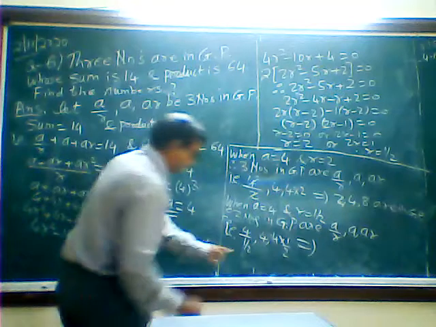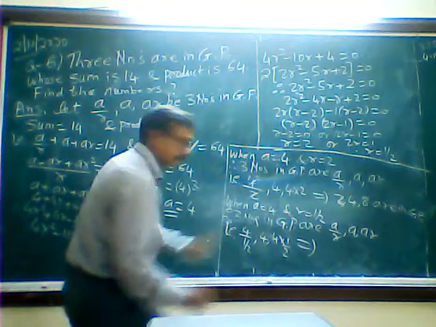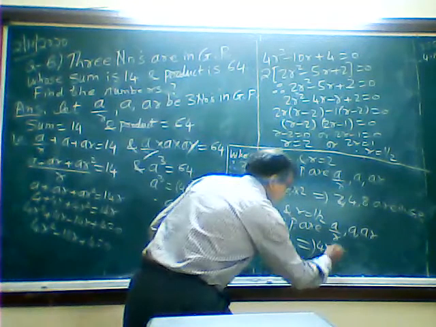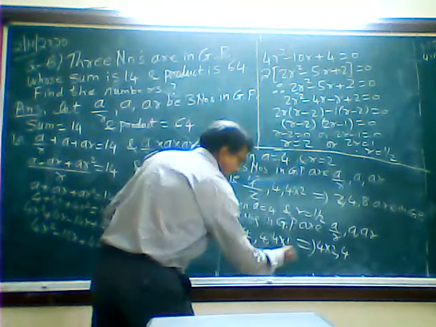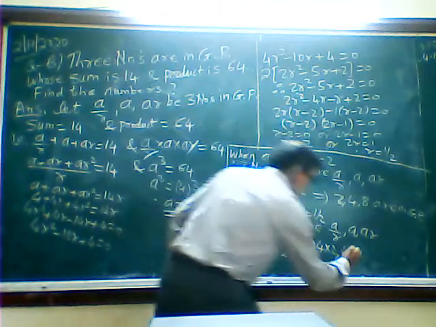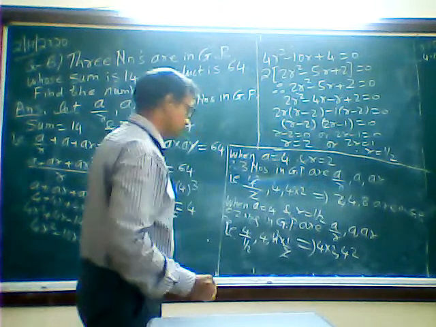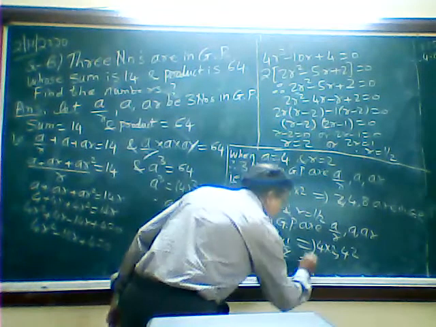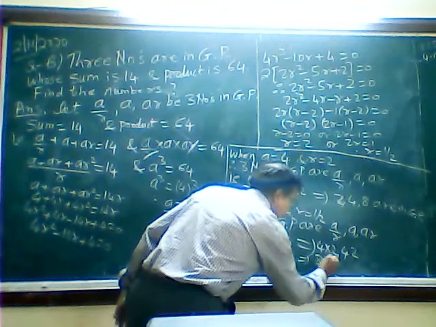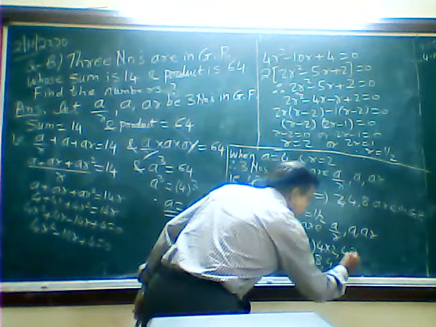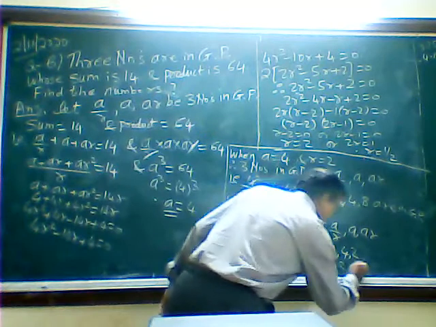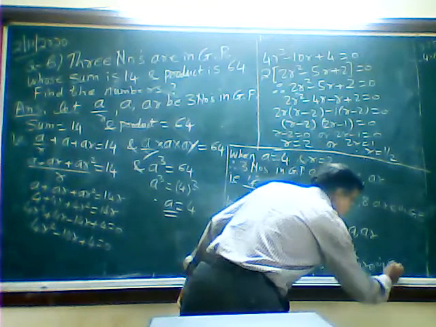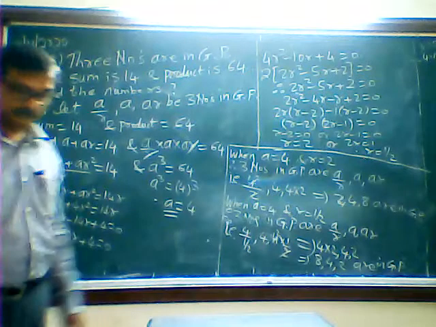The denominator 2 will jump up, it will become 4 into 2, comma, 4, comma, and 2 ones are 2, it will be 2. So 4 into 2 is 8, comma, 4, comma, 2 are in GP. Got it? We can go through it.